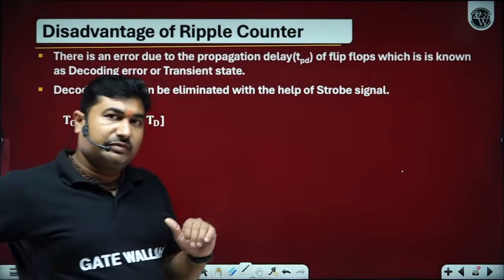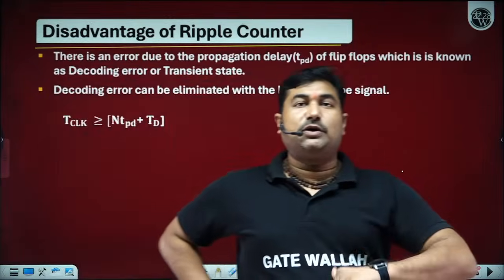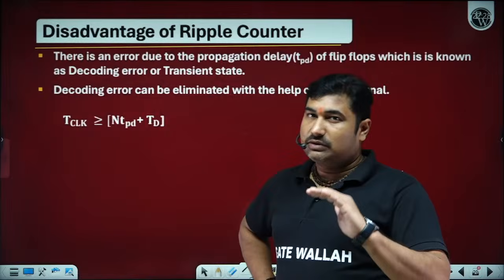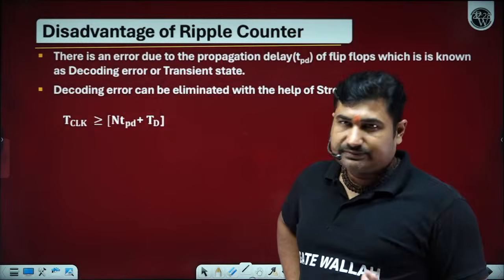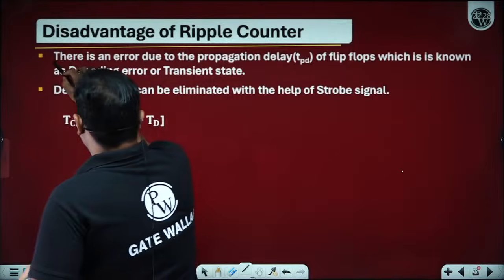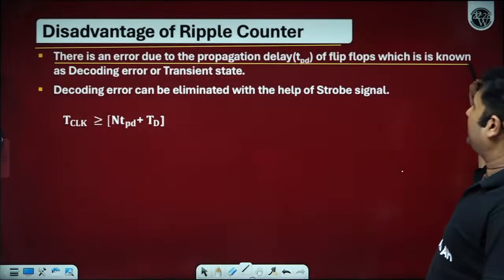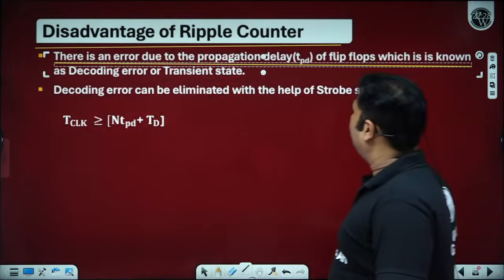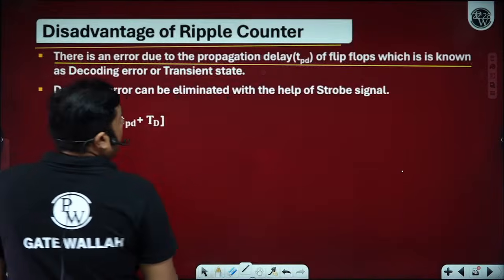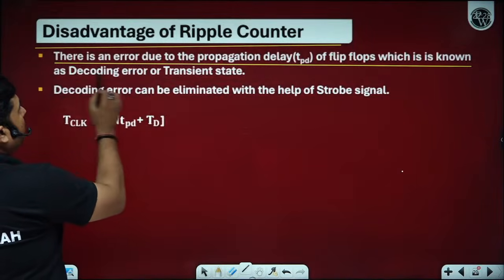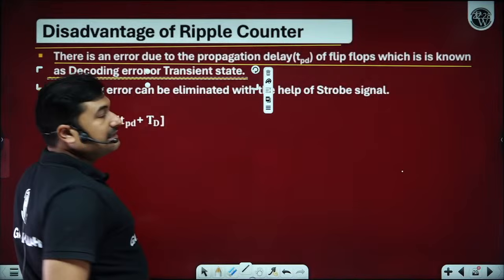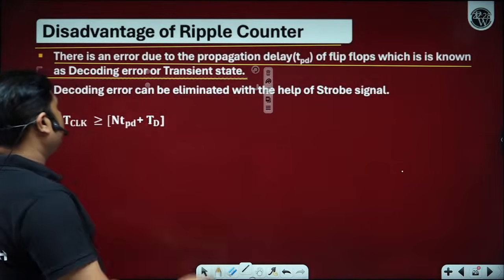So instead of asynchronous, we always prefer synchronous, because synchronous counters are comparatively faster. Now please observe, there is an error due to the propagation delay, TPD, of the flip-flop, which is known as a decoding error or transient state error. Is it okay?